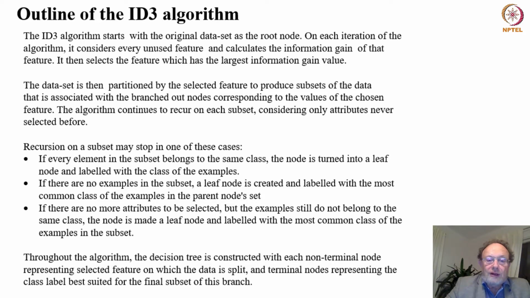If there are no more attributes to be selected, but the examples still do not belong to the same class, the node is made a leaf node and labeled with the most common class of the examples in the subset. So throughout the algorithm, the decision tree is constructed with each non-terminal node representing the selected feature on which the data is split, and terminals representing the class label best suited for the final subset of this branch.